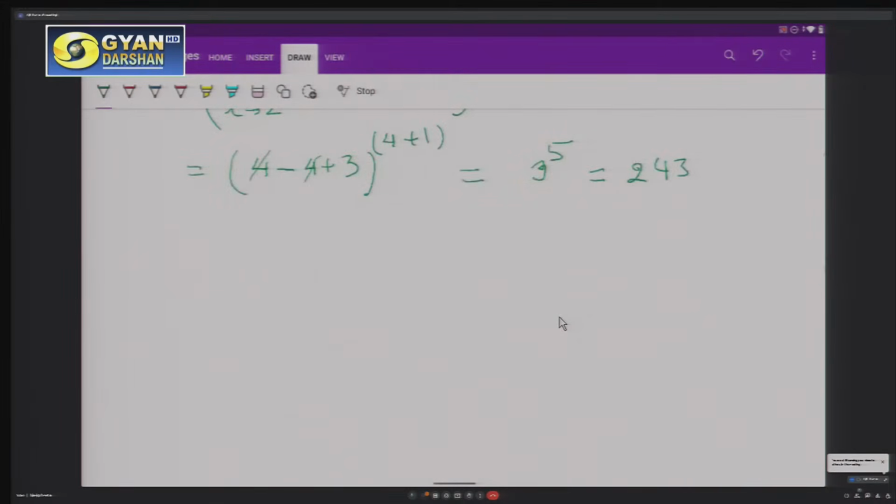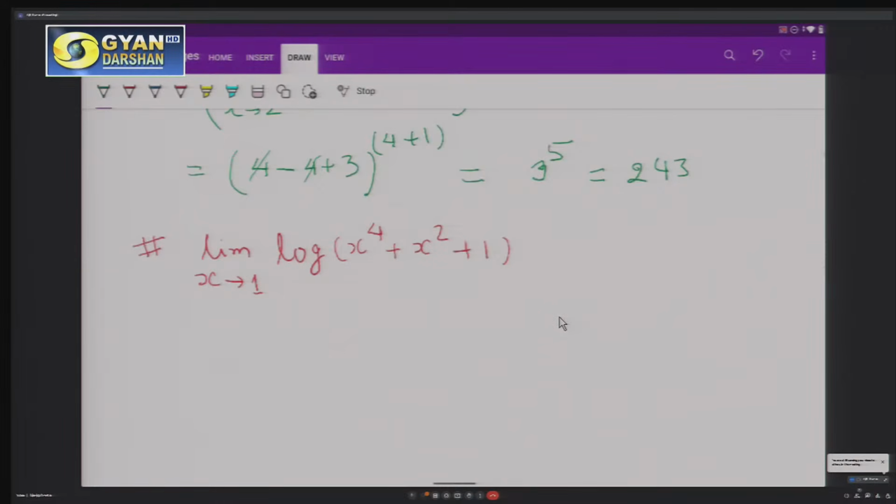One more example we can take. Limit x tends to 1 of log of (x to the power 4 plus x square plus 1).